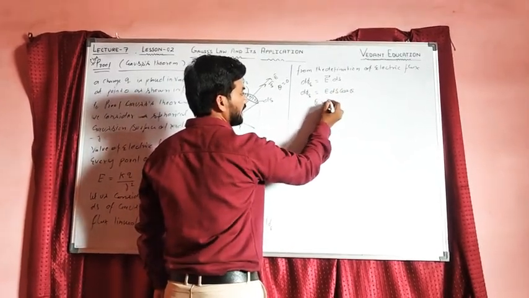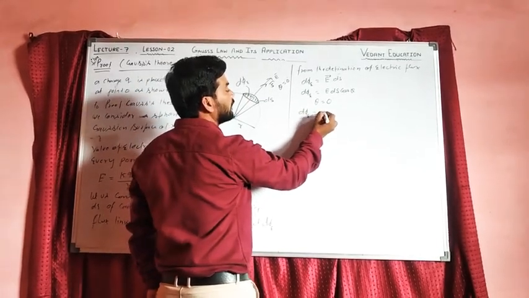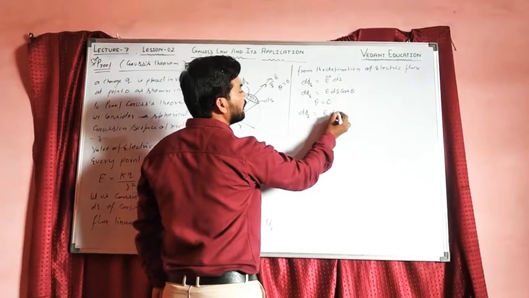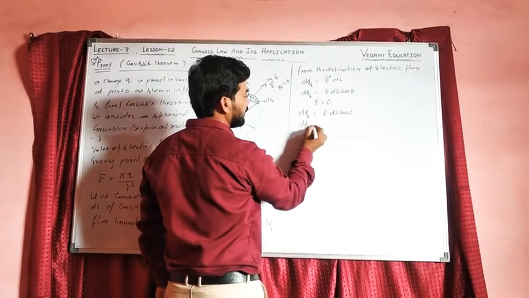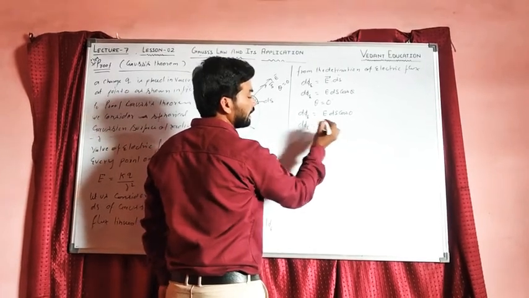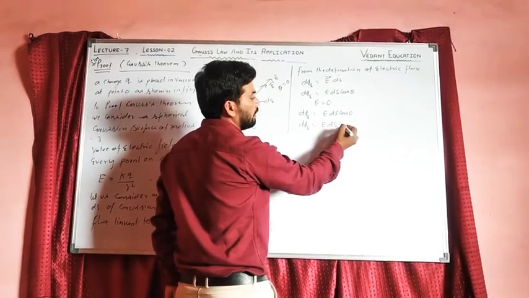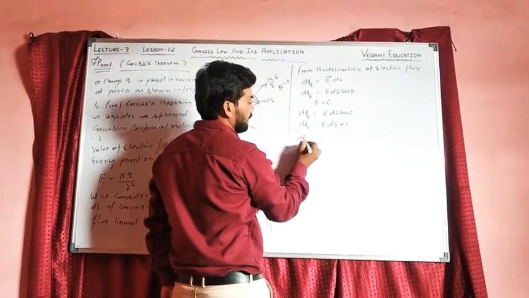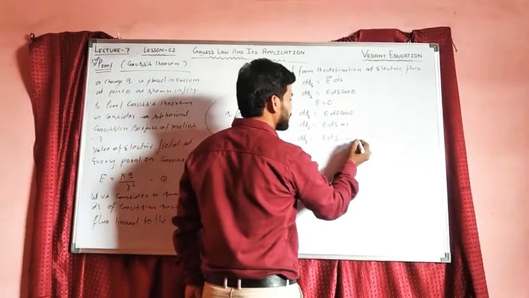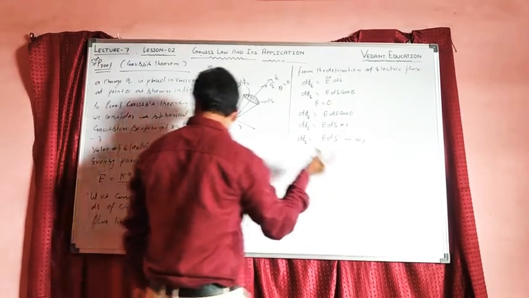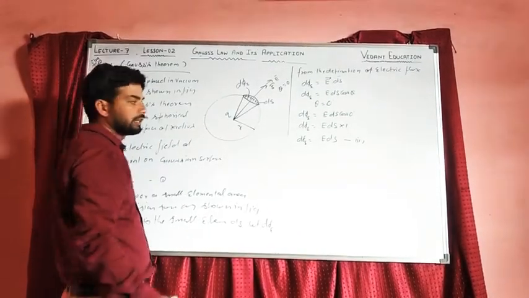Here the value of theta is 0 degree, so d phi e equal to E ds cos 0, and the value of cos 0 is 1. So d phi e equal to E ds. This is the flux linked with the small elemental area ds, right?